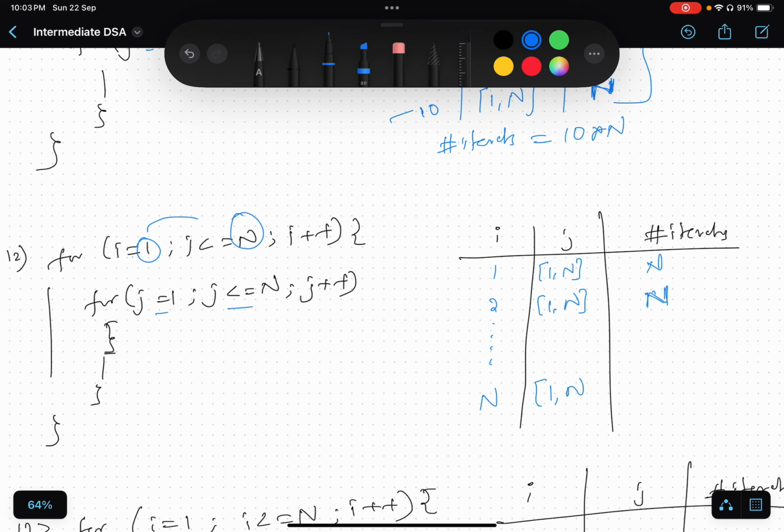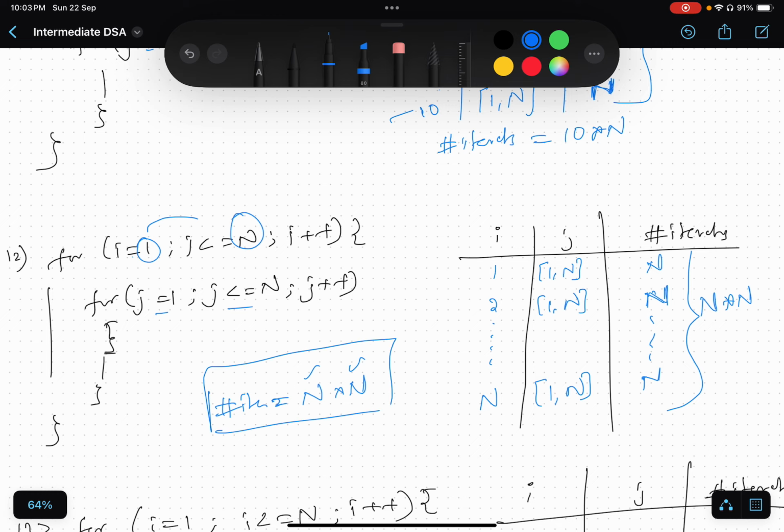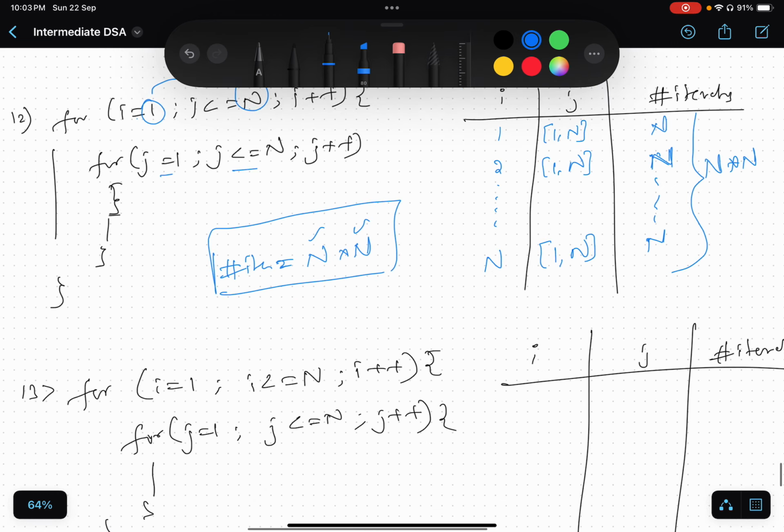Till n, how many? n times n, right? So the iterations are n cross n. The outer loop is running n times, and for each outer loop the inner loop is running n times. So this is the number of iterations.